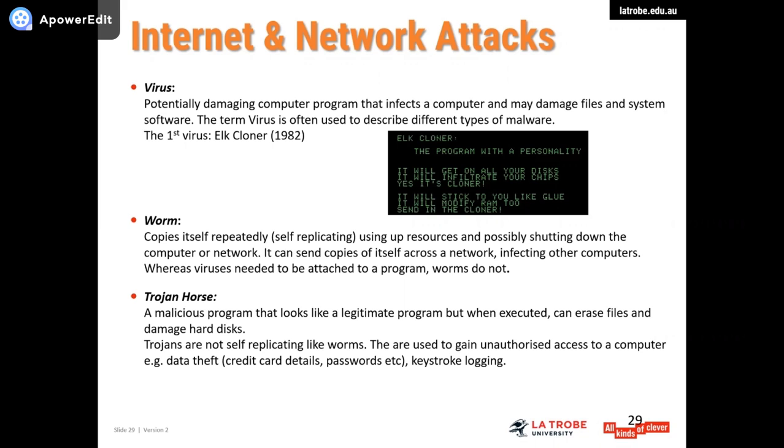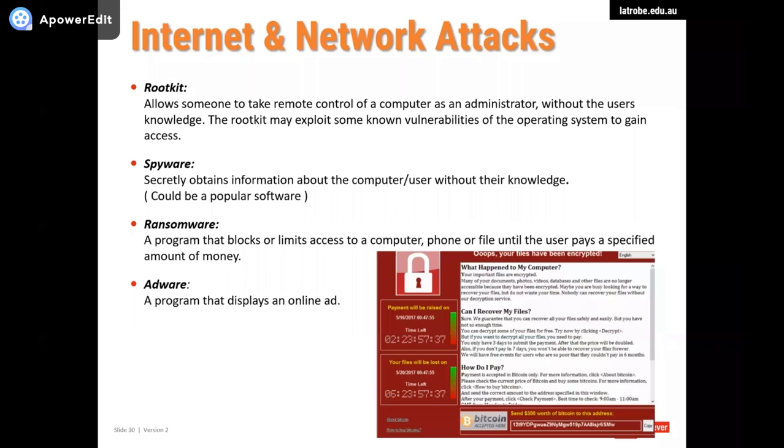So next is the rootkit. A rootkit allows someone to take remote control of the computer as an administrator without the user's knowledge. A rootkit may exploit some known vulnerability of the operating system to gain access.